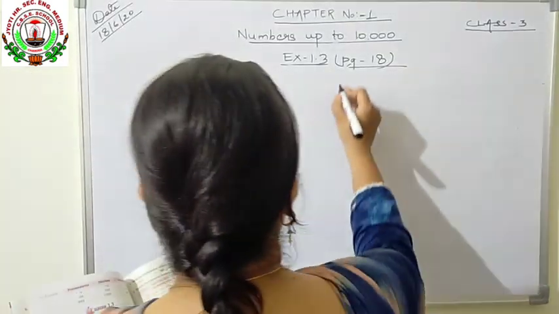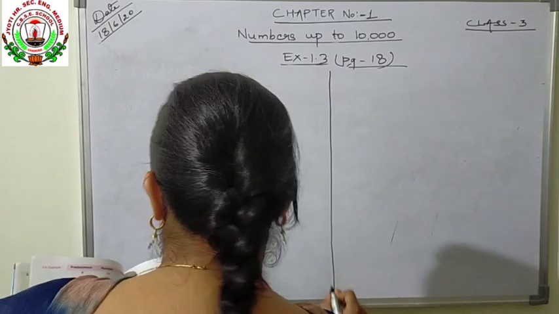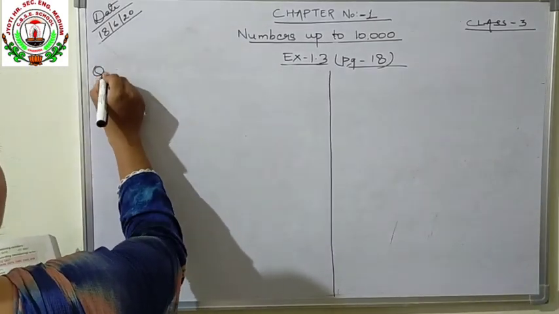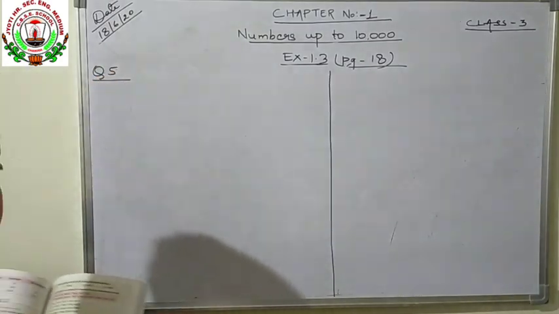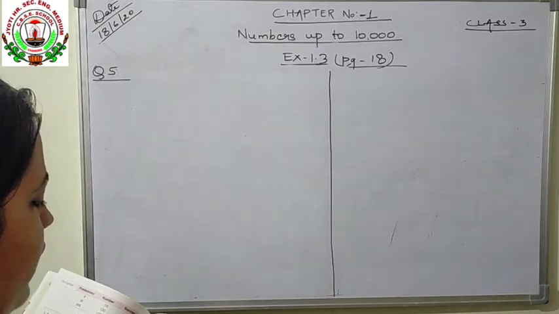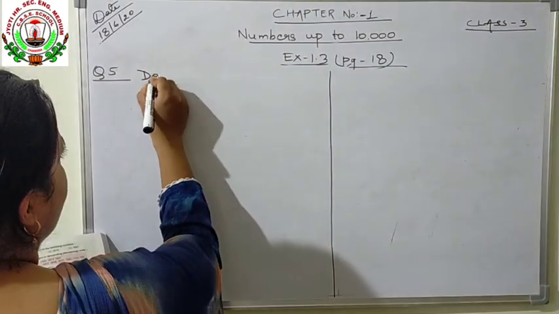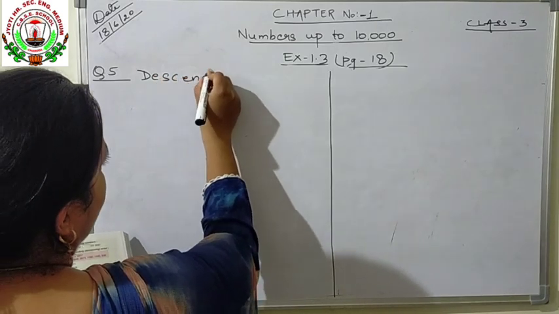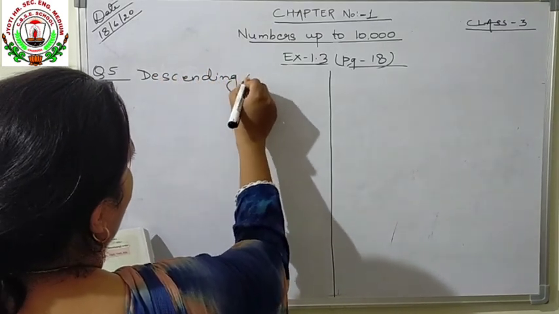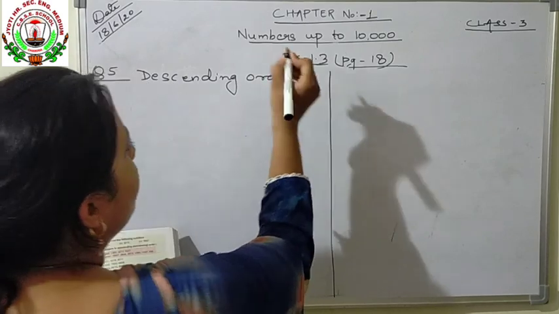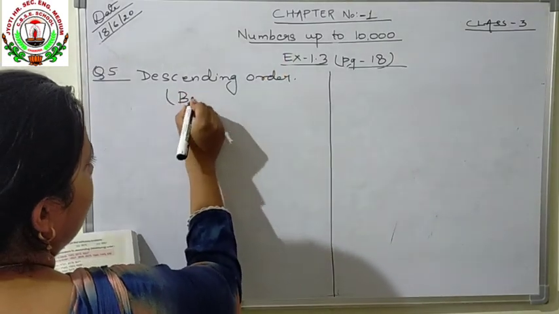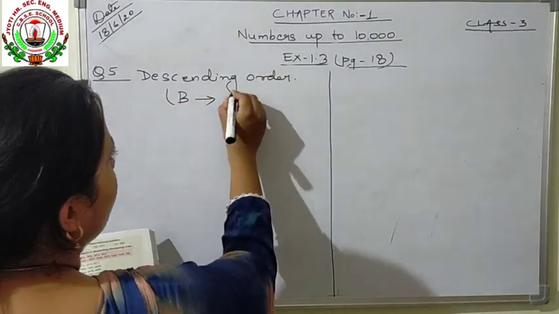Okay. Question number 5 is: rewrite the following numbers in descending or decreasing order, from bigger to smaller.